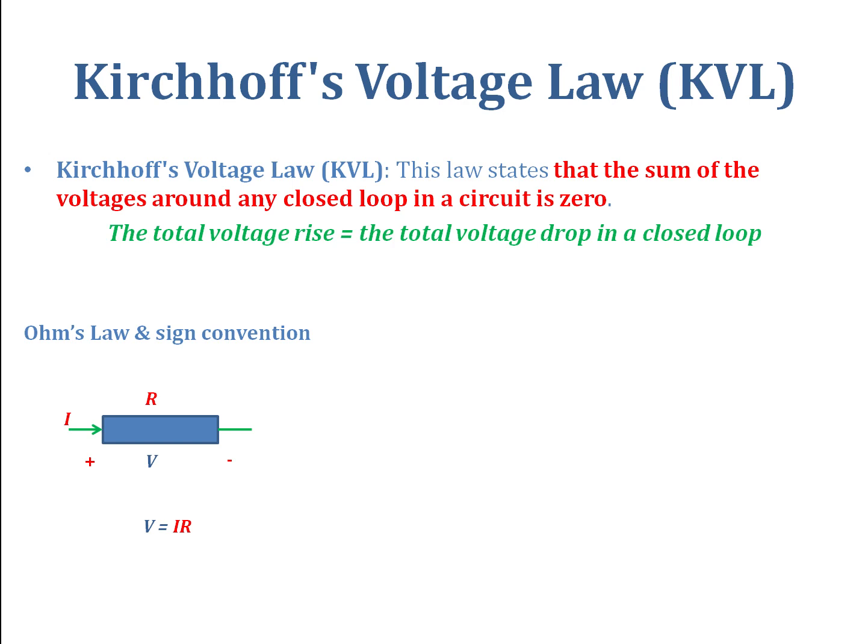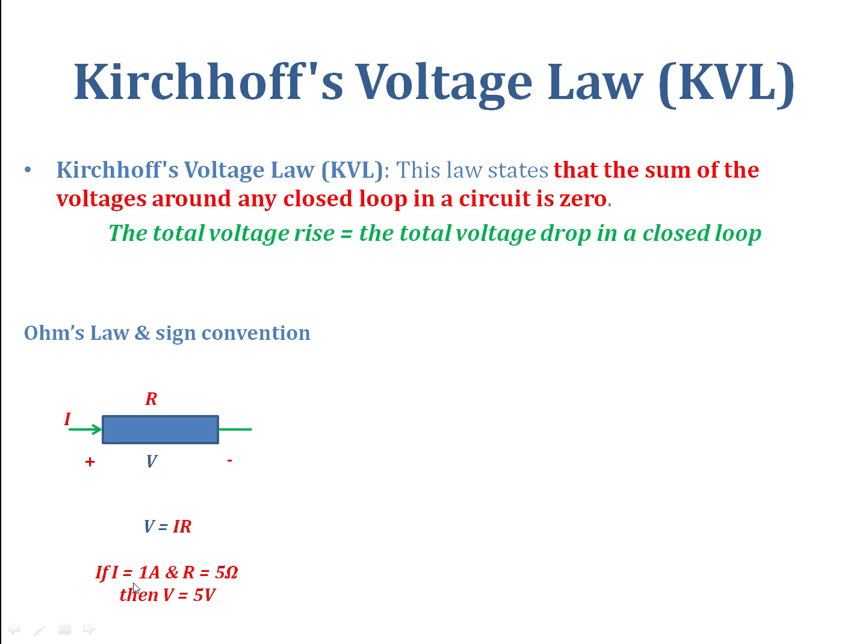Here we have a resistor R, and there is a current I that is passed through the resistor R with a specific direction, and this current will set up a voltage across the resistor, with the polarity as per the sign convention normally used. By Ohm's law, V is given as I into R.